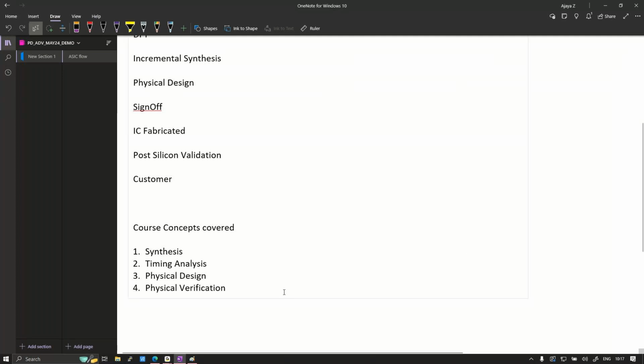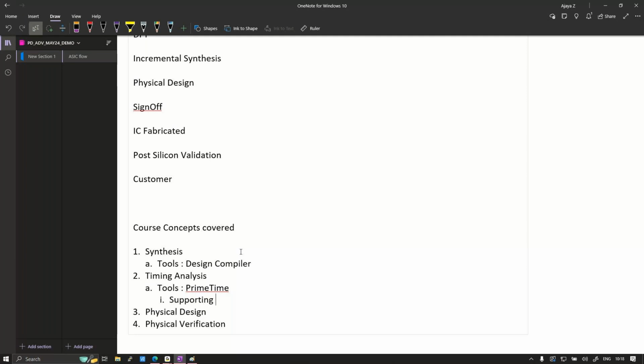Okay, and for synthesis, the tool which we are going to be using is Design Compiler, and for timing analysis, the tool which we are going to be using is majorly PrimeTime, and there is a supporting tool which we should know for one of the input files. The supporting tool is StarRC, which will help us extract one of the required files for timing analysis.